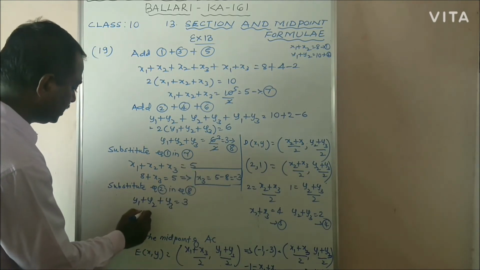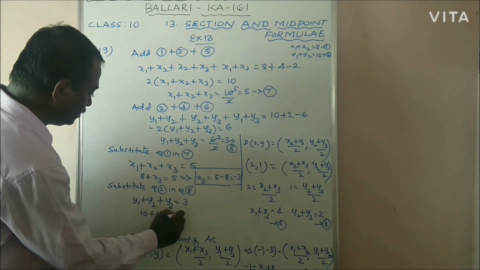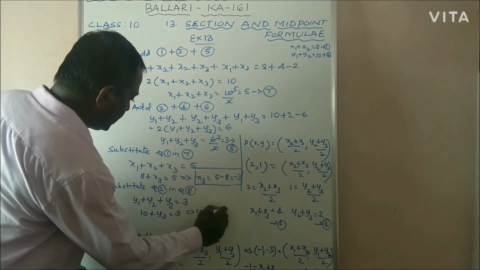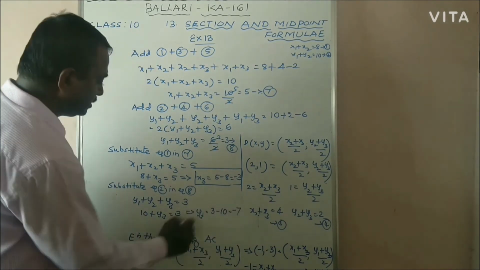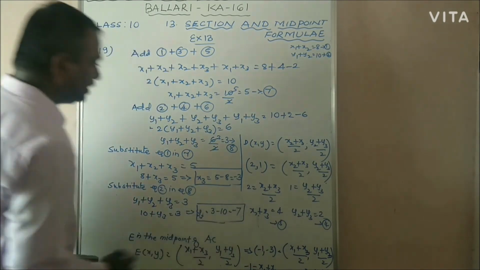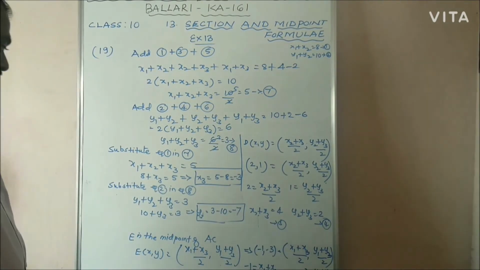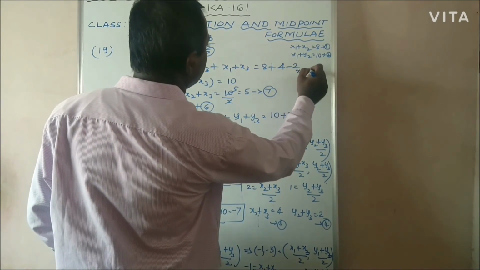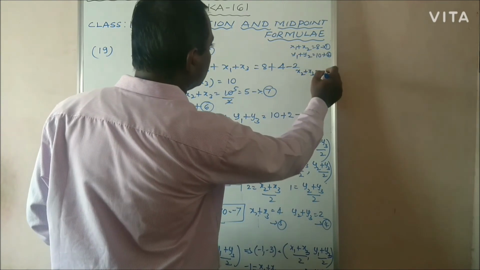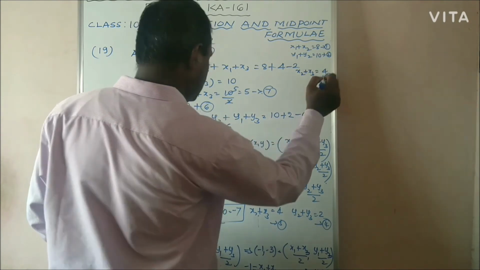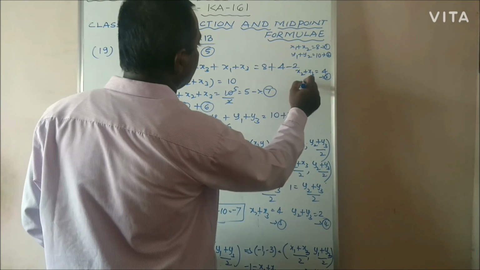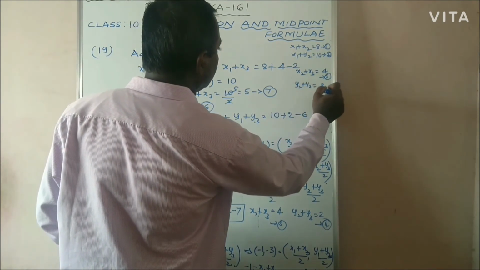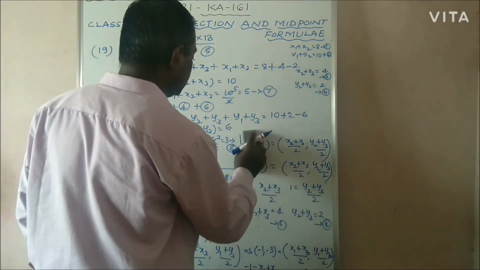So 10 plus y3 is equal to 3. This implies y3 is equal to 3 minus 10, that is equal to minus 7. So y3 is equal to minus 7. Correct? What is the third equation? x2 plus x3 is equal to 4. Fourth equation: y2 plus y3 is equal to 2.